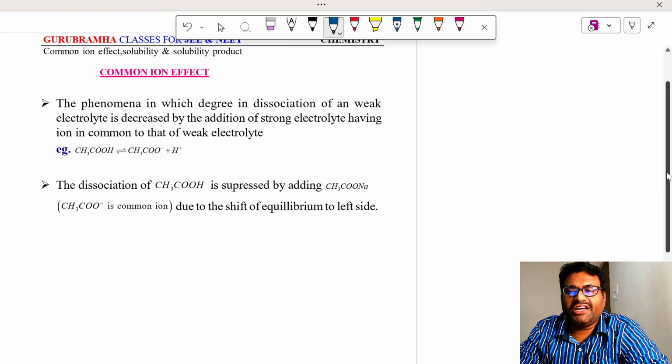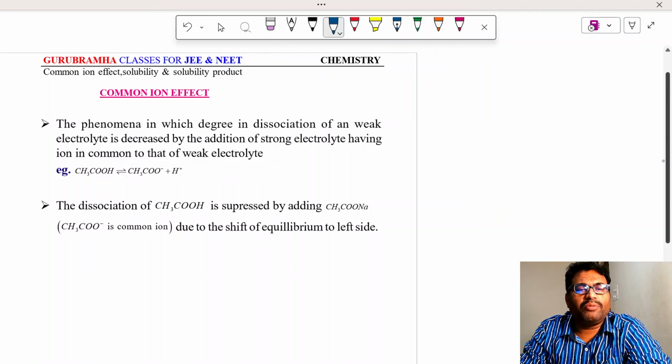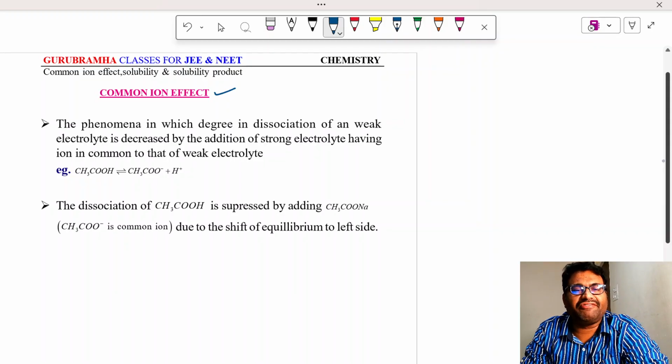Here we are seeing the common ion effect. You know what is meant by common, right? Regarding the definition, how is it defined?